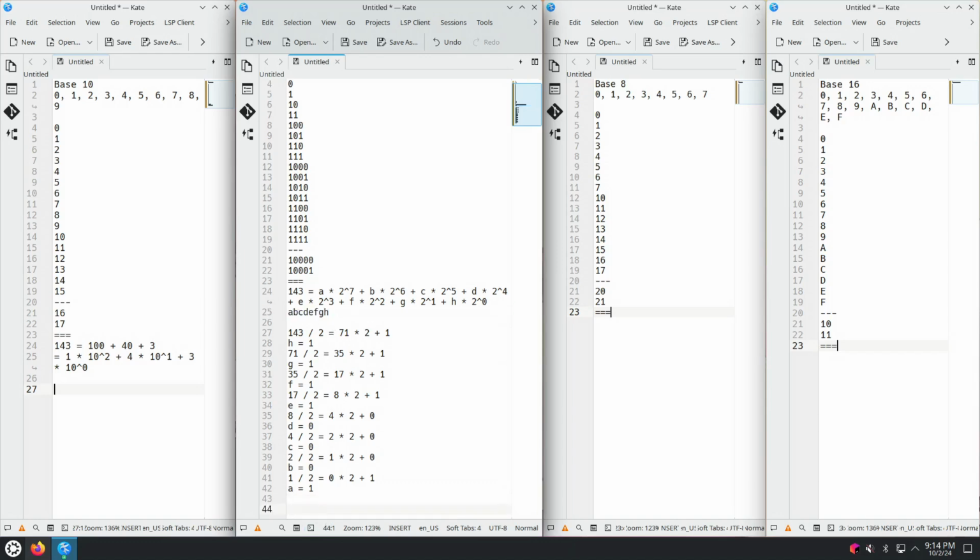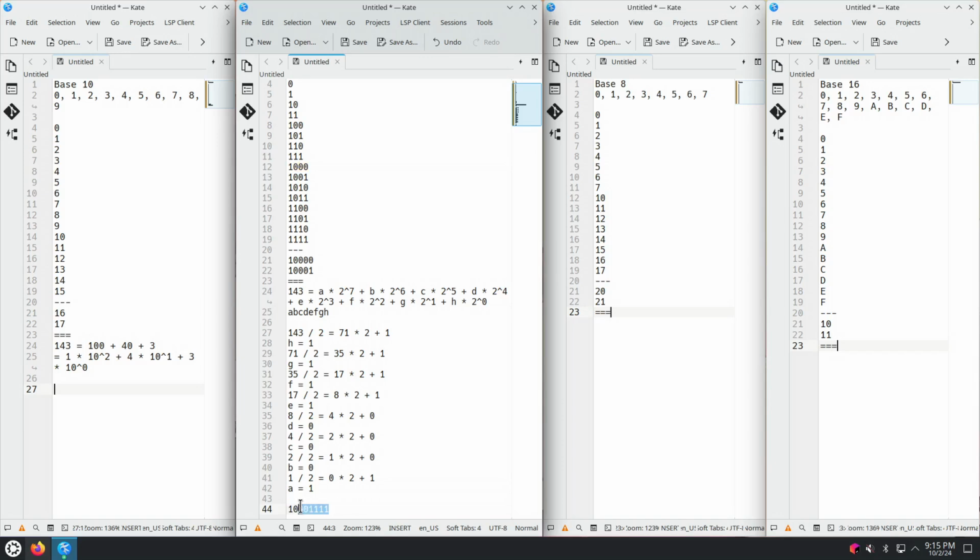So A is 1, B is 0, C is 0, D is 0, E is 1, F is 1, G is 1, H is 1, and H is the final one. So we actually needed 8 digits in base 2 in order to represent 143. Let's prove that that's the case.